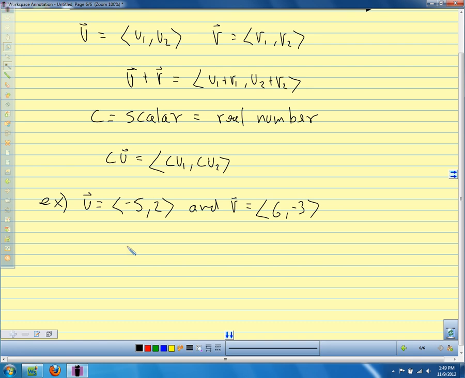I'm going to do some operations here. 4u is just 4 times the vector: 4 times negative 5, 4 times 2. So I get the vector negative 20, 8.